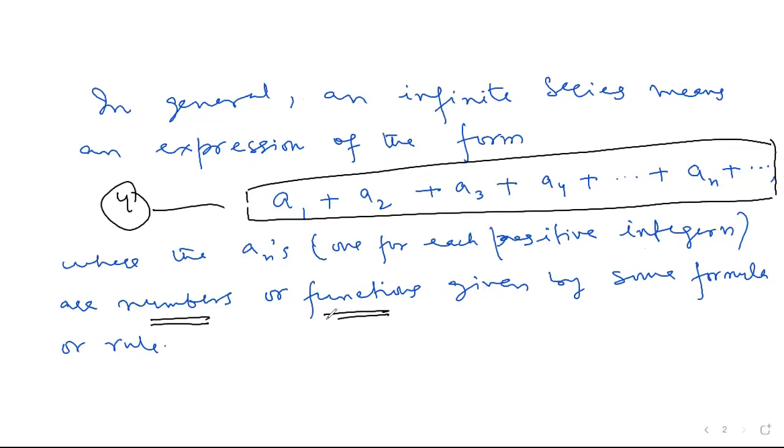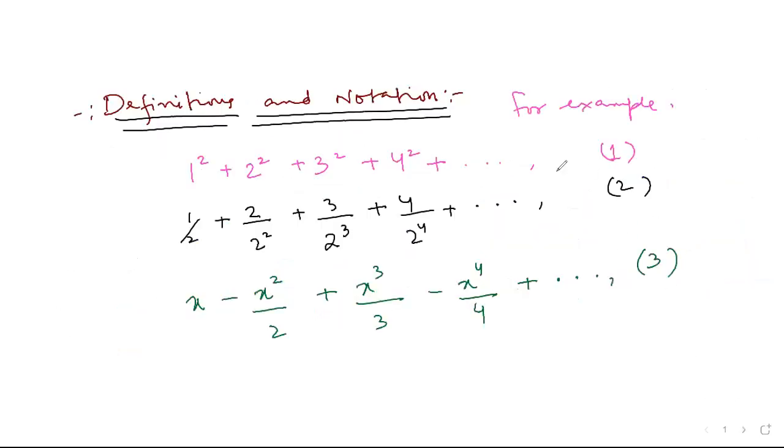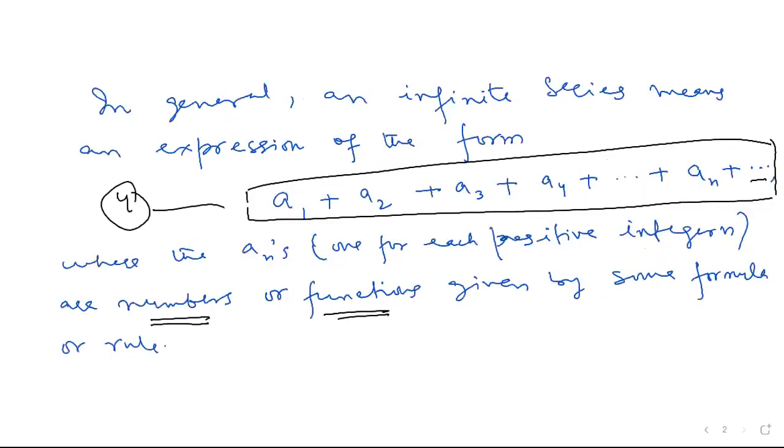The 3 dots in each case mean that the series never ends. The terms continue according to the law of formation, right?